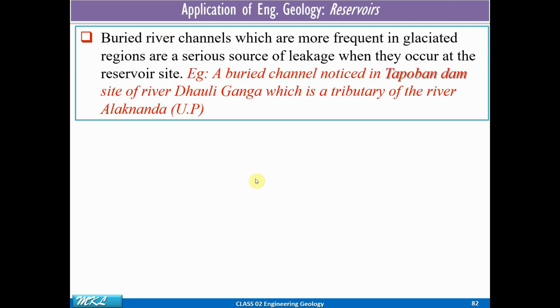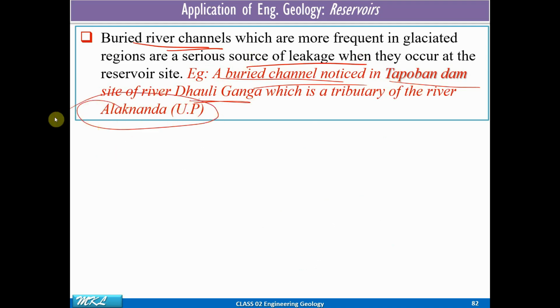Another thing you should consider, that's the buried river channels you have to avoid. More buried river channels you will see in the glaciated region, and they could provide a source of leakage when they occur at the reservoir site. So a buried river channel was noticed in the Tapovan Dam in Dhauli Ganga on the river Alaknanda.